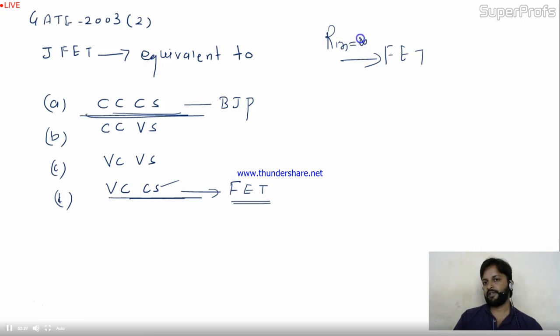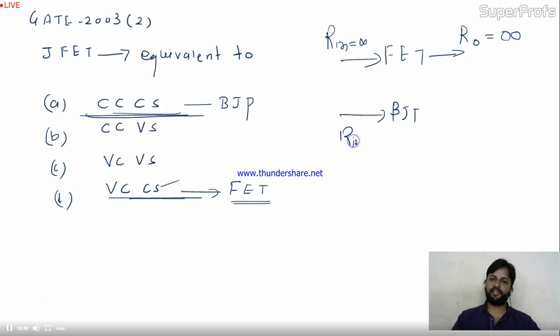If input is infinity, it means it's a very good system. We can control it very easily. But for the BJT I'm talking about, for BJT Rin is very low, but Rout is very high. Okay. So this is a 2 marks question directly.